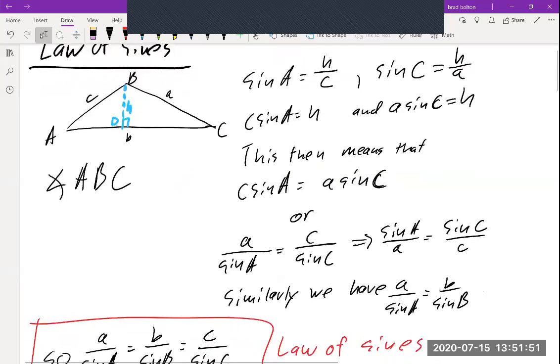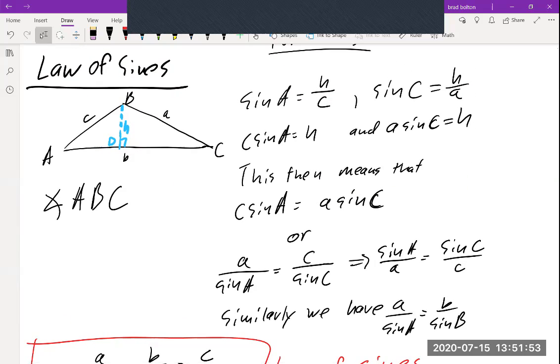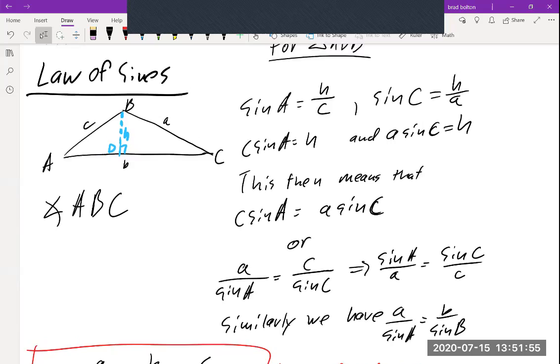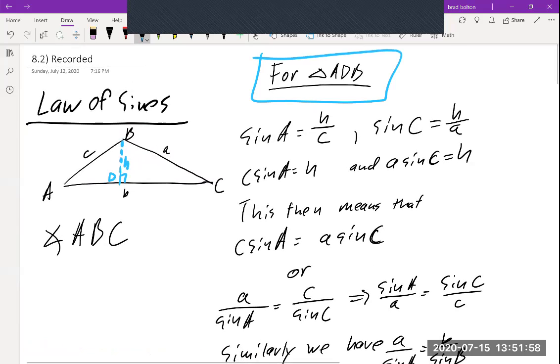We're going to look at this triangle, and if I focus on triangle ADB now, that is a right triangle, and the sine of angle A would be h, the height of that altitude, divided by c.